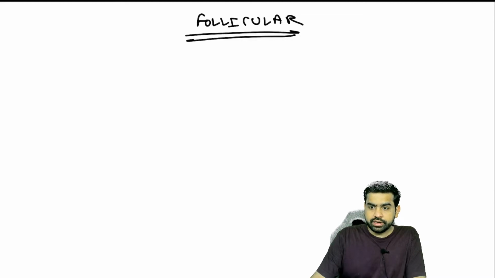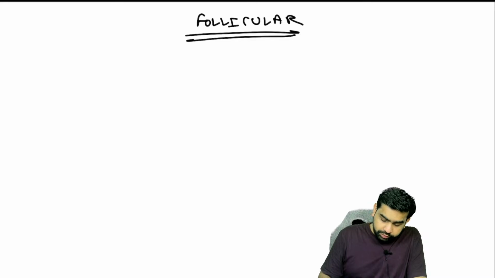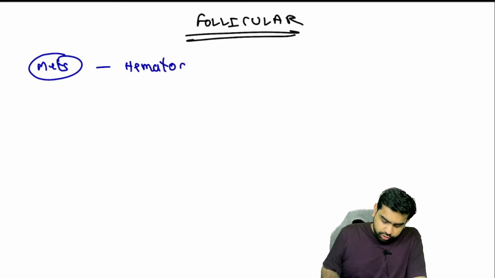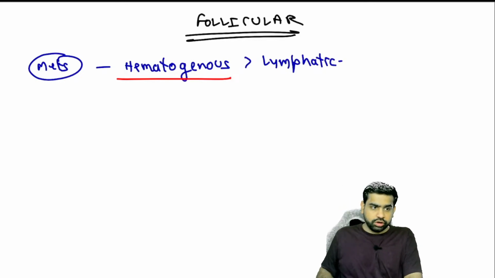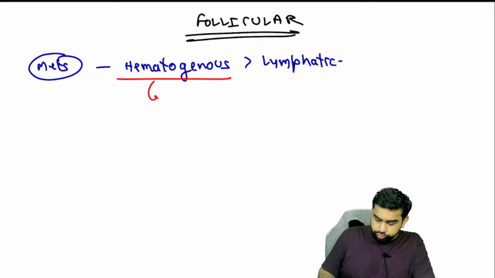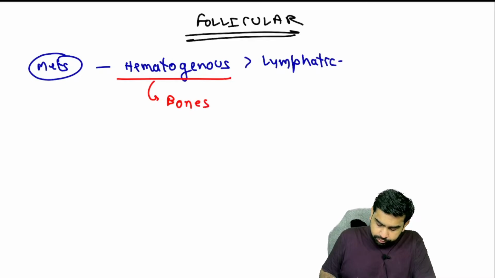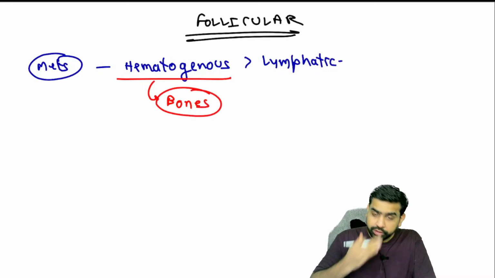So if you're answering that hematogenous metastasis is more common, yes, you're absolutely right. So over here, you need to understand that the metastasis is more with the hematogenous route, which is more common as compared to the lymphatic. Okay, you understand my point? These hematogenous metastases are basically going to go to the bones, and in the bones, what kind of metastasis is going to develop?